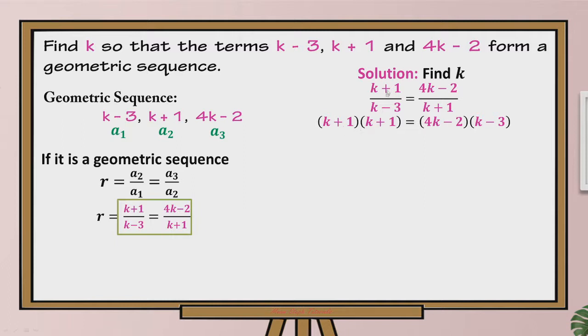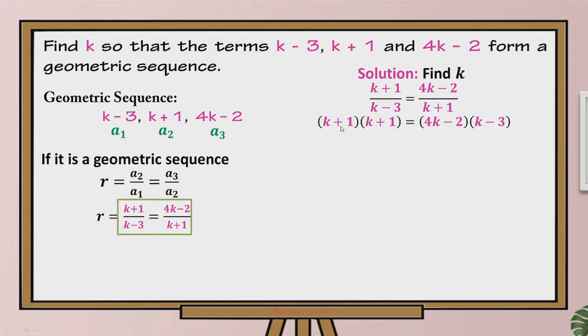So, yan ang result ng cross-multiplication natin dito. So, k plus 1 times k plus 1 here. And sa kabilang side naman, yan ang result ng 4k minus 2 times k minus 3. So, we have this. So, sa previous learnings natin, if we're going to multiply binomials, we will use FOIL method.